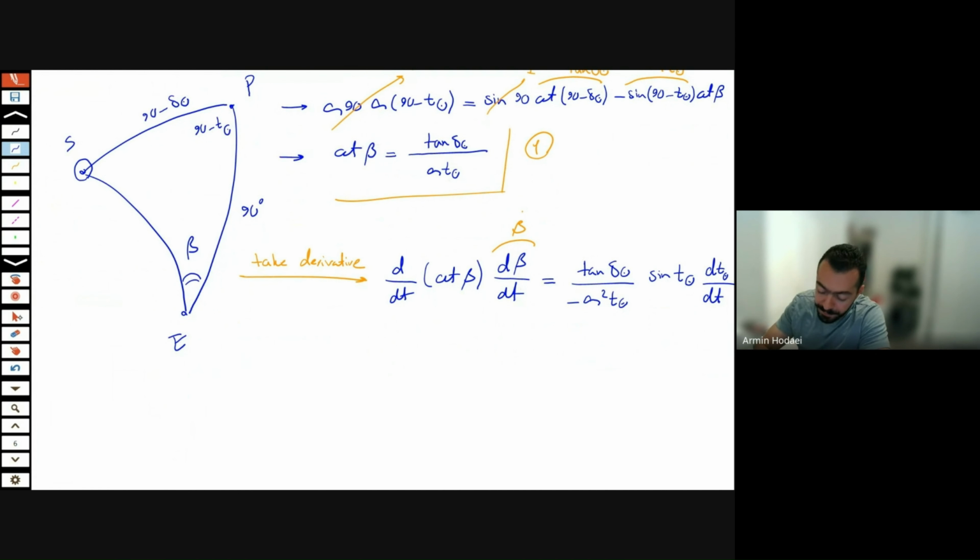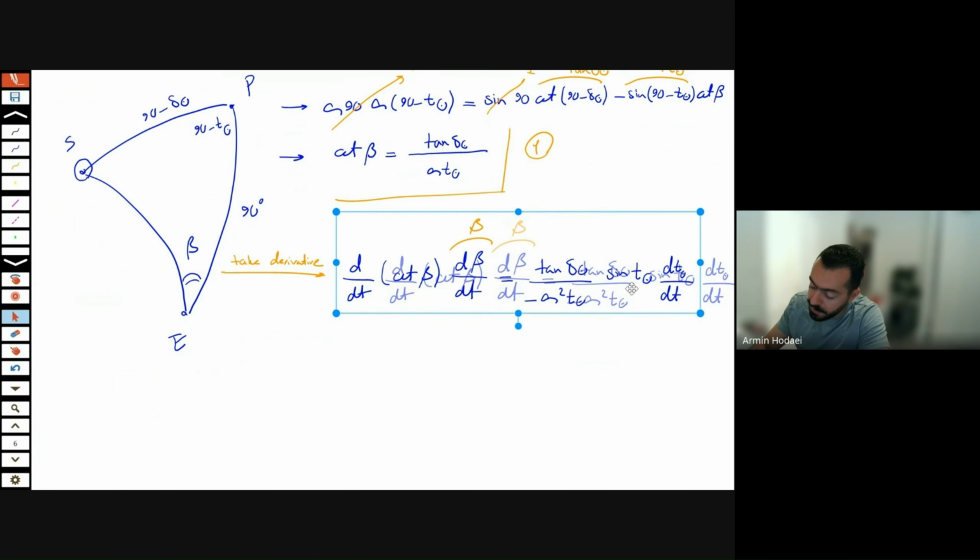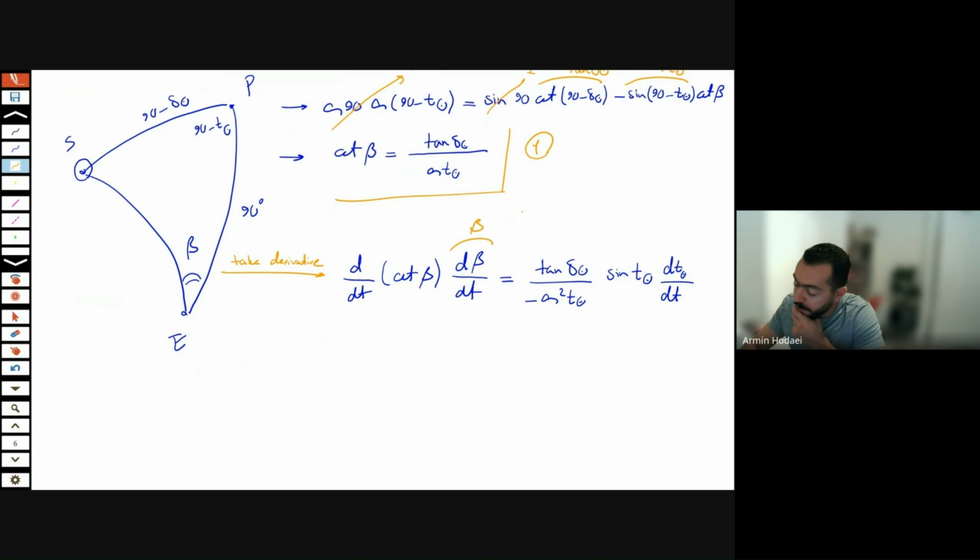Yeah. Does this make sense? Now, do you guys agree dt over dt, I mean, this is the change of the hour angle of the sun over time? This is omega. The omega that we talked about up there, right? So this is my equation number 2.